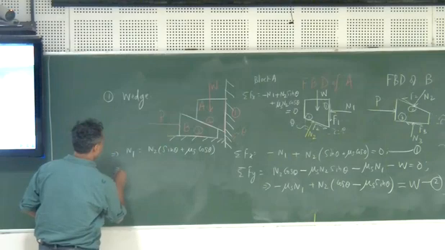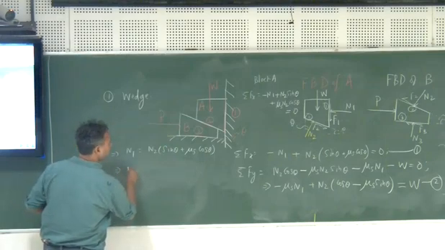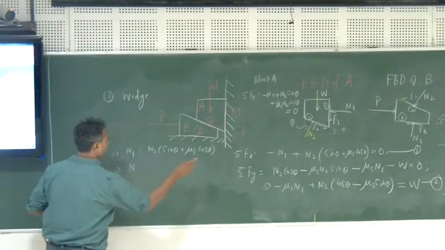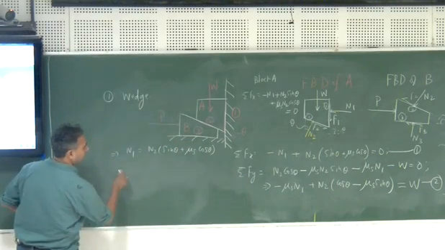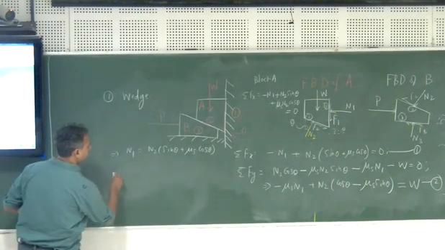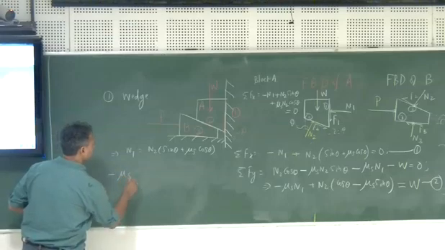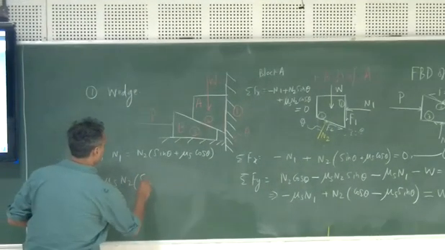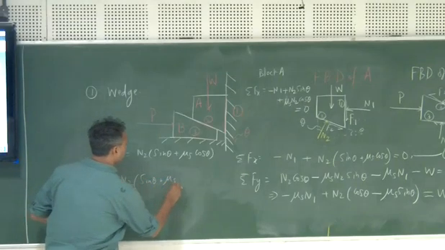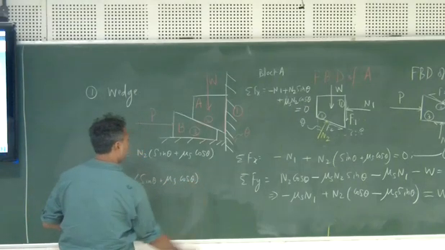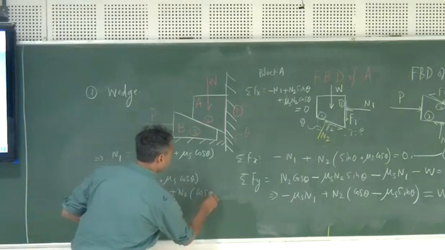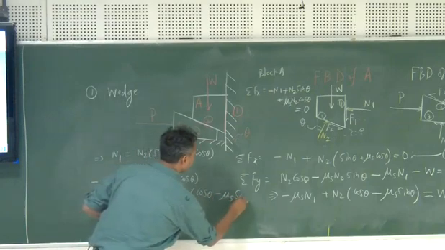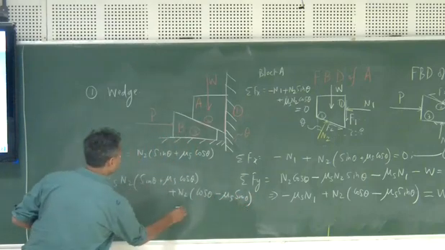By substituting N1 over here, you will get N2, which is nothing but minus mu s N2 sin theta plus mu s cos theta, plus N2 cos theta minus mu s sin theta, which is nothing but W.